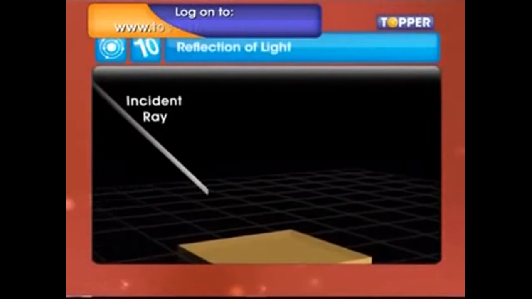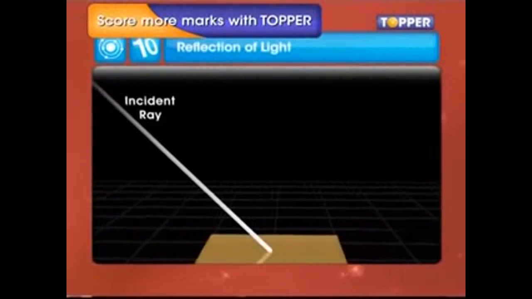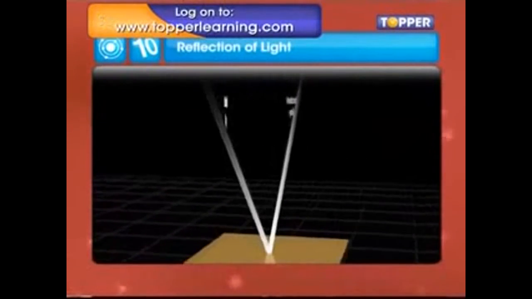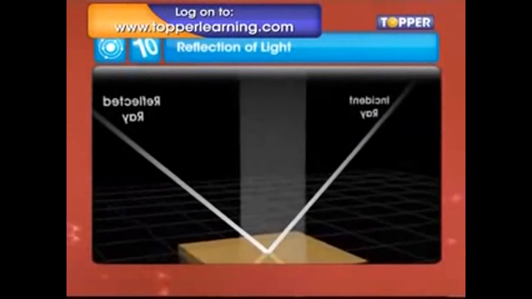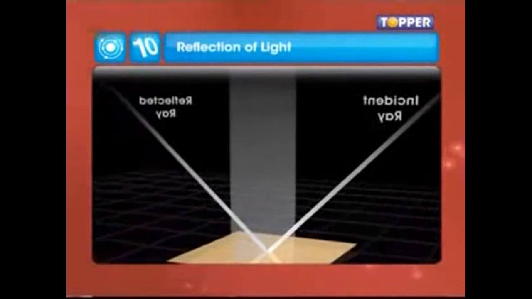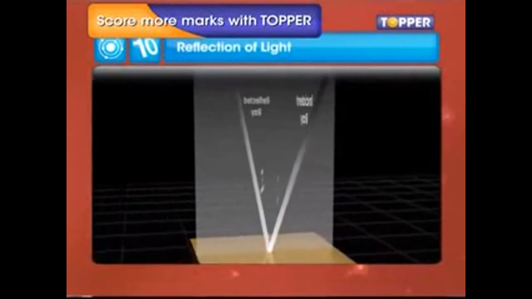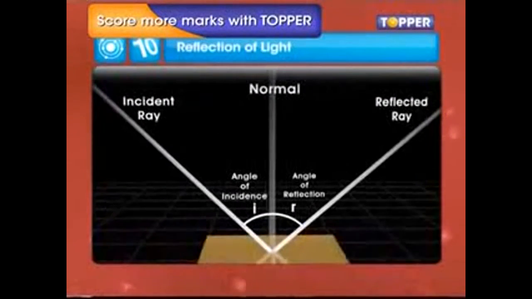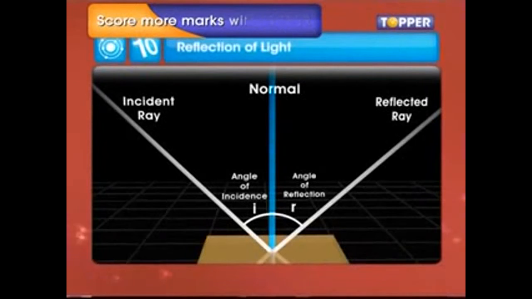The ray of light approaching a reflecting surface, such as a mirror, is called the incident ray. And the one that bounces back is called the reflected ray. An imaginary line drawn from the point at which the incident ray strikes and perpendicular to the reflecting surface is called the normal.